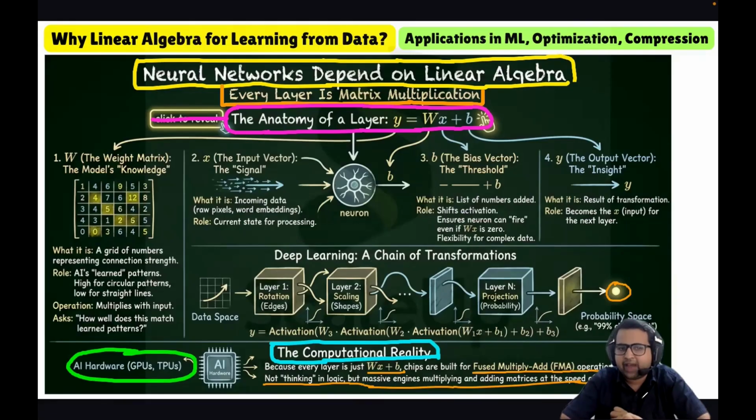The AI hardware, the GPUs by NVIDIA and the TPUs by Google, are built for FMA operations, fused multiply-add operations. These chips don't think in logic, they just multiply and add matrices at the speed of electricity. So that is the computational reality.